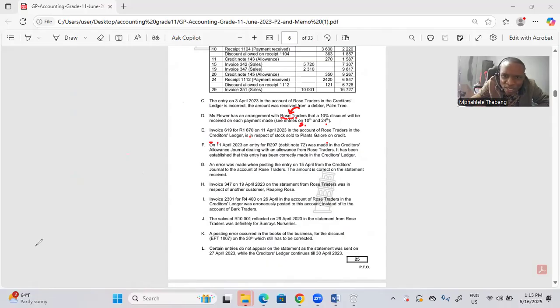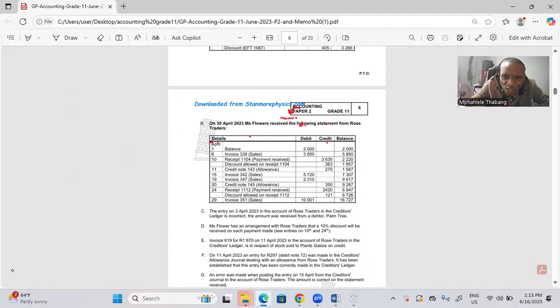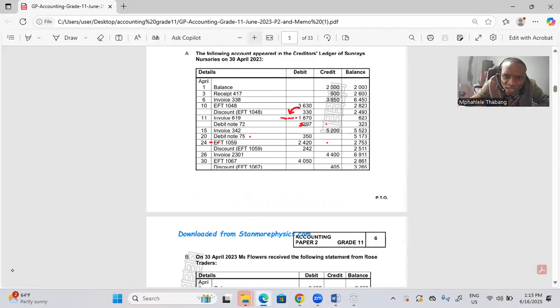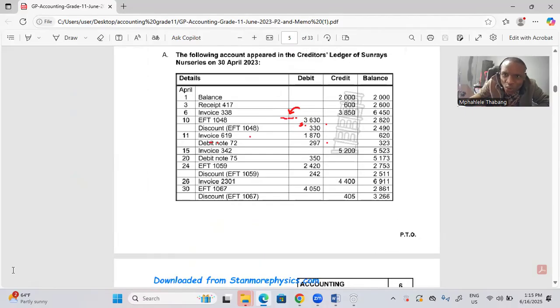I want to see the entry 10 and 24 on the creditors ledger. So when we come to this creditors ledger, on the 10th, we see a discount of how much? Of 330.